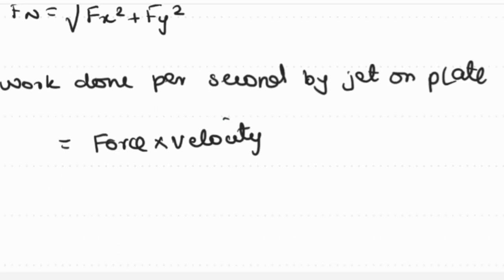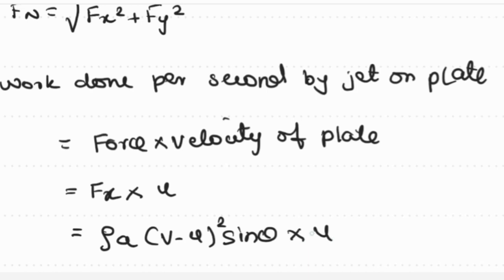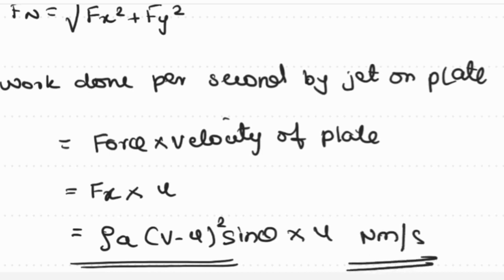The force in the direction of the jet is Fx, and the velocity is the velocity of the plate, u. Fx is rho A into v minus u square into sin theta, and u is the velocity of the plate. So this is the equation for work done. Its unit is Newton meter per second. Thank you.